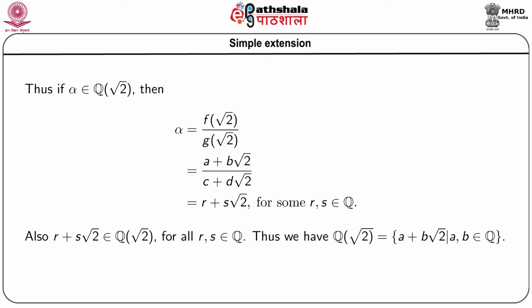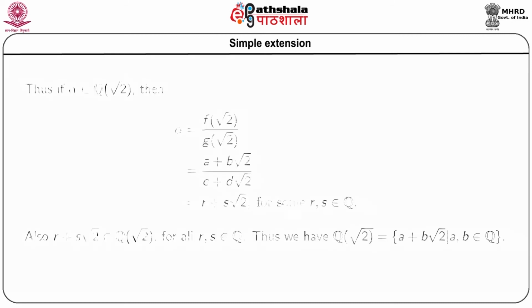Conversely, for any r, s in Q, r plus s root 2 belongs to Q(root 2). Thus, we have Q(root 2) to be the set of all elements of the form a plus b root 2 for some rationals a, b.